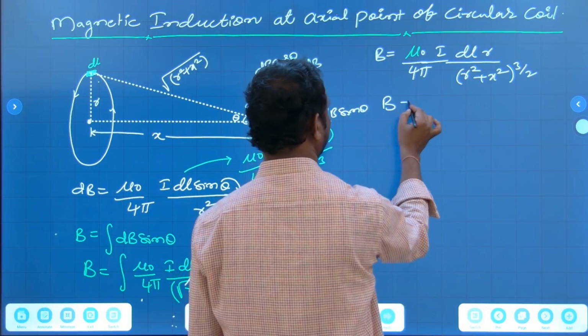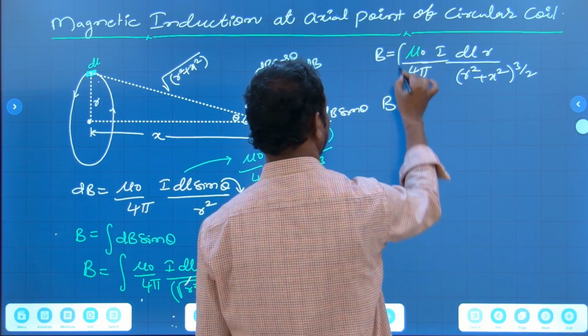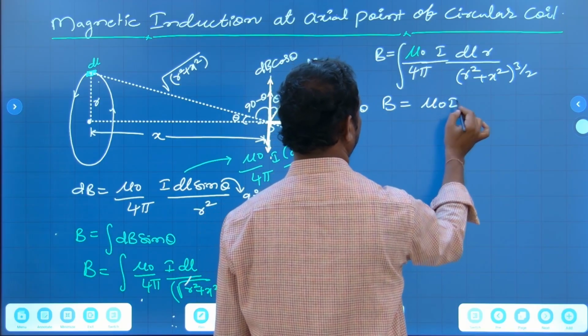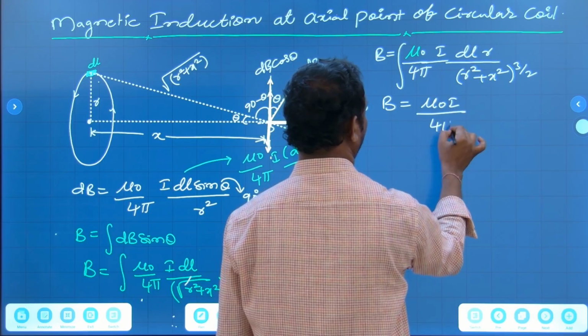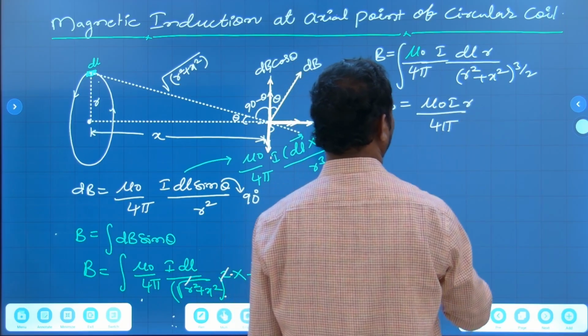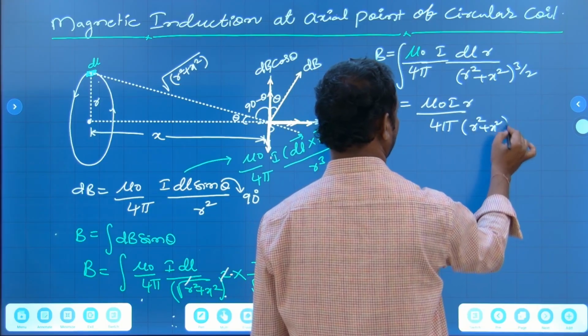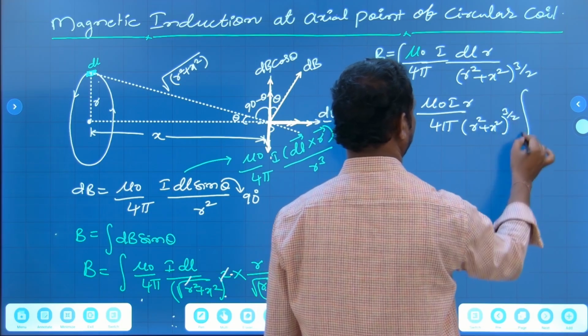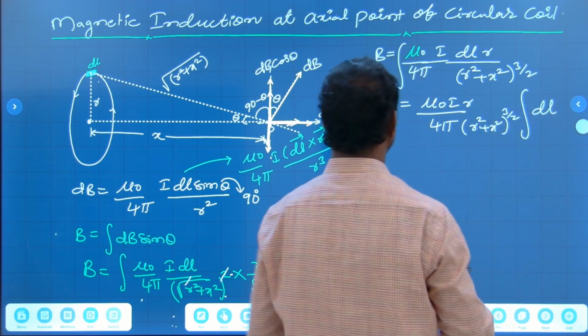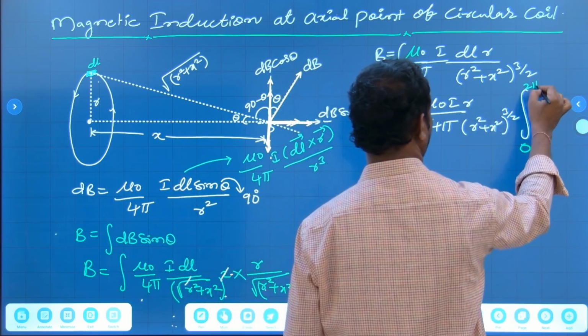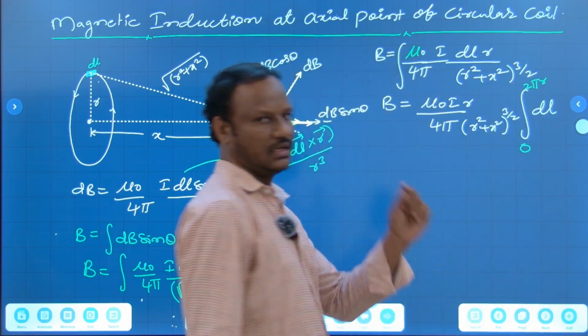So the magnetic field induction B is the integration, correct? I write it as mu naught I by 4 pi, r by r square plus x square to the power of 3 by 2, integration over dl. dl is from 0 to the circumference, the length.